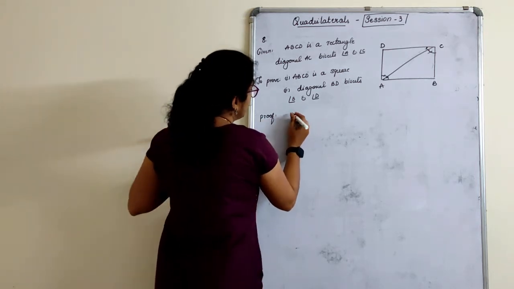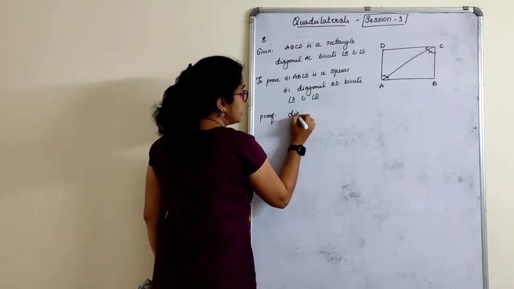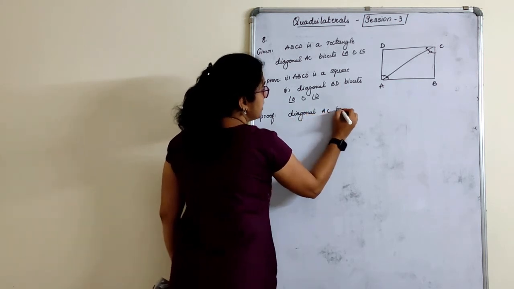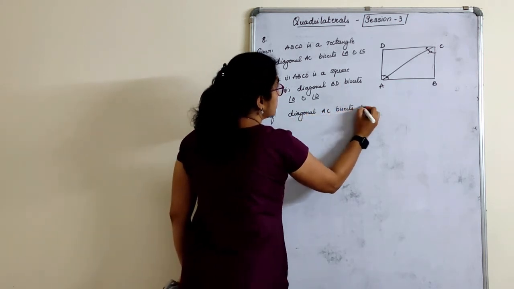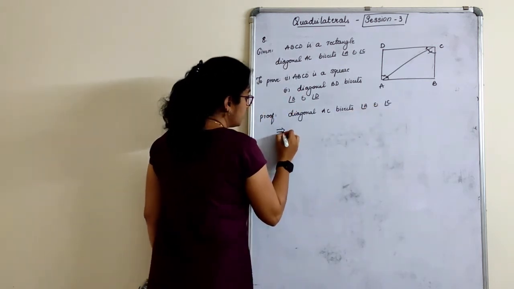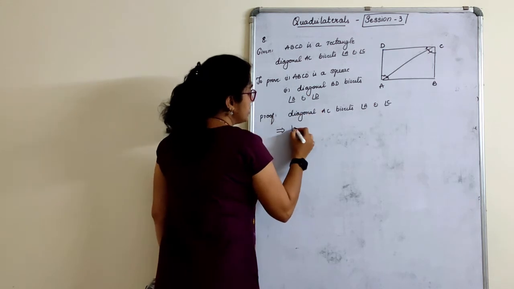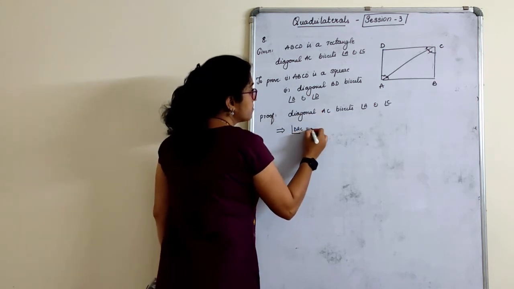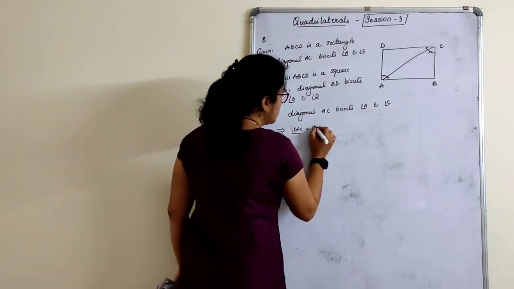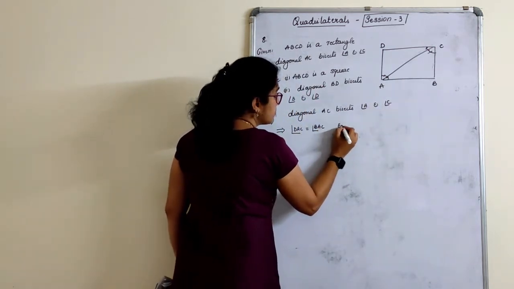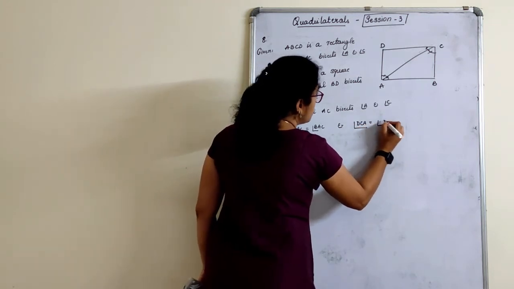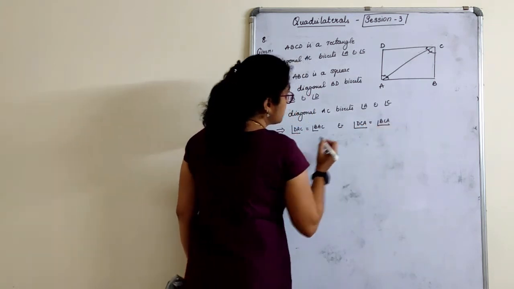So first of all, we will write here proof: diagonal AC bisects angle A and angle C. This implies angle DAC is equal to angle BAC and angle DCA is equal to angle BCA.